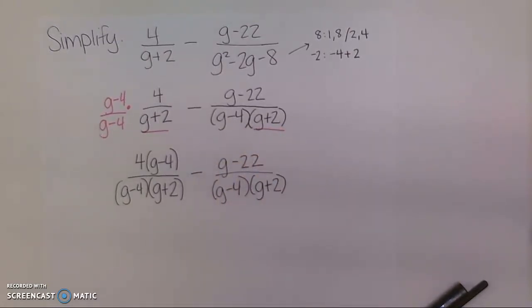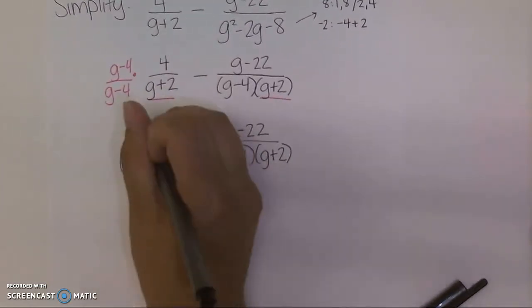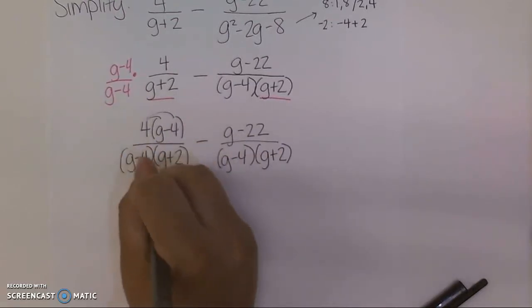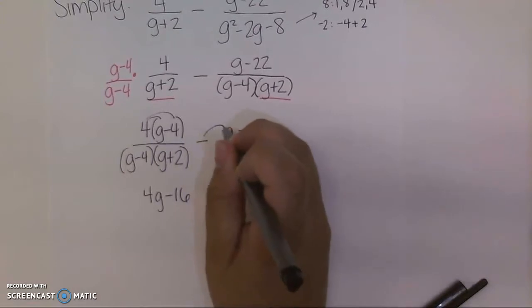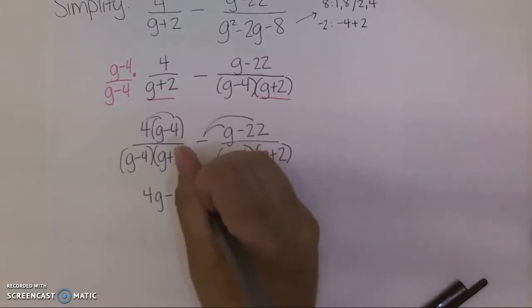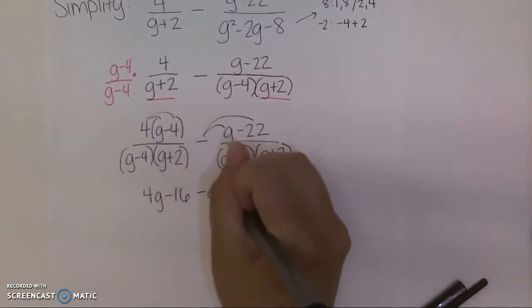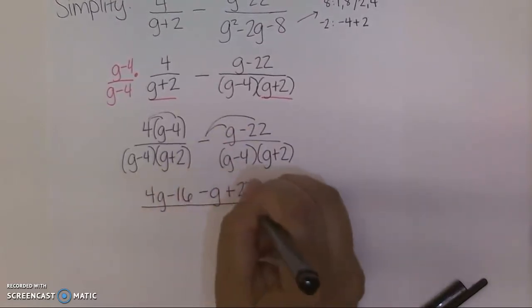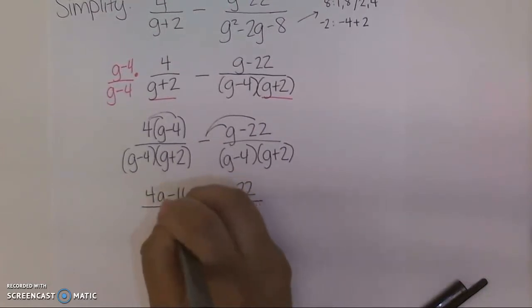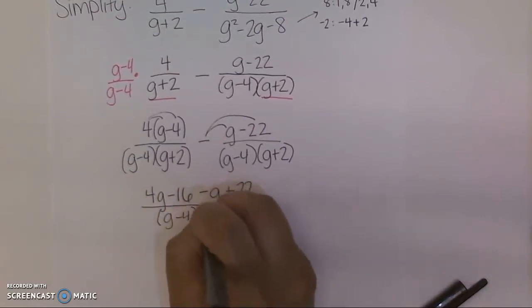Now that we're at this place, we can start to do a little simplifying. So I'm going to distribute this: 4g minus 16. And then I'm also going to distribute this negative sign. So I have negative g plus 22, all over g minus 4, g plus 2.